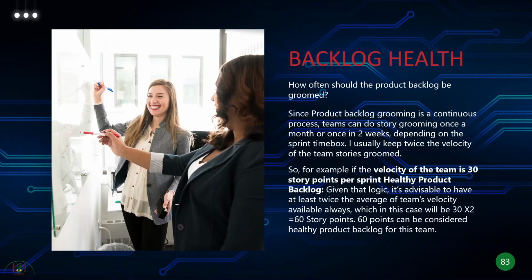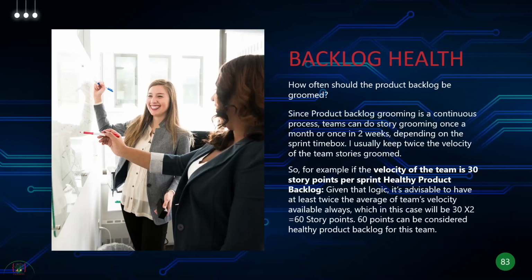By that I mean, let's say the team velocity, on average, I found out is 30 story points in a sprint. So let's say the team is able to do 30 story points in a sprint. I will ask the product owner to keep at least twice the 30 story points, so 60 story points worth of stories groomed, right?